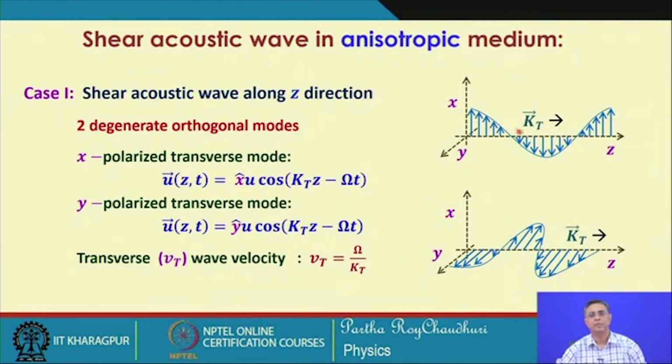These are the two degenerate modes of these acoustic waves, and they are represented by this wave equation, this one for the x polarized mode and this one for the y polarized mode, where k t is the propagation constant of the acoustic wave and omega is the frequency of the acoustic wave, and therefore the wave velocity of the acoustic wave will come from this relation.